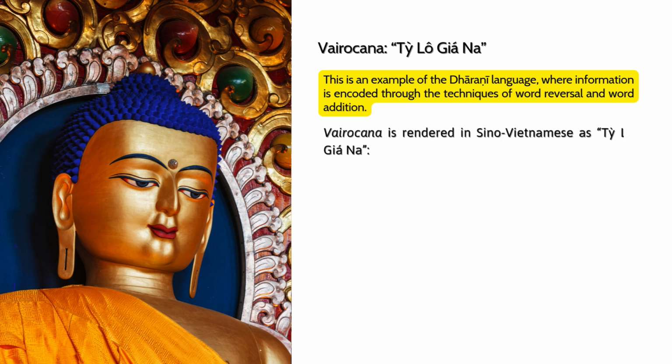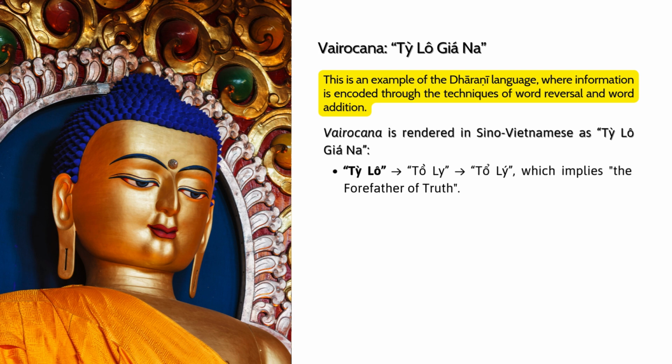Vairocana is rendered in Sino-Vietnamese as Ti Lo Jia Na, in which the word Ti Lo is reversed into Tu Lai and further transformed into Tu Li, implying the forefather of truth. When we apply the word addition technique, Jia Na becomes a hidden form of Giang Nam, meaning descend to Vietnam.